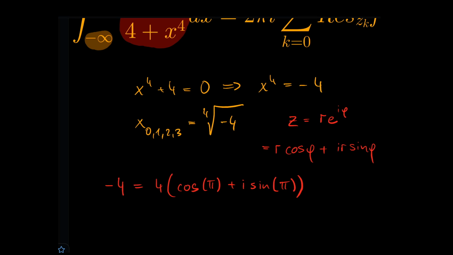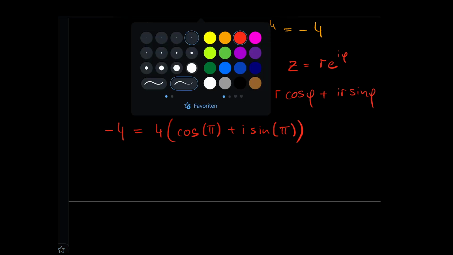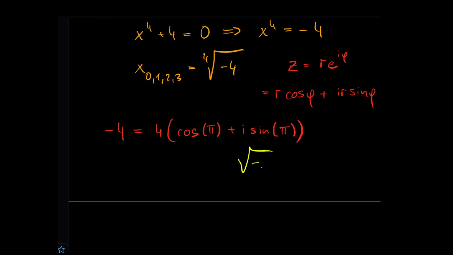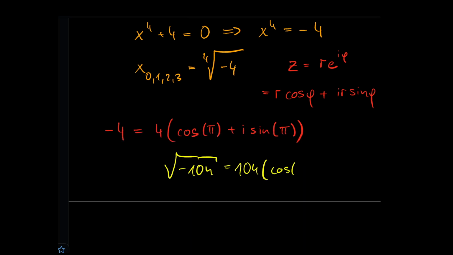It doesn't matter if we want to take the square root of minus 104, for example, we just have to write it as 104 times the cosine of pi plus i times the sine of pi.